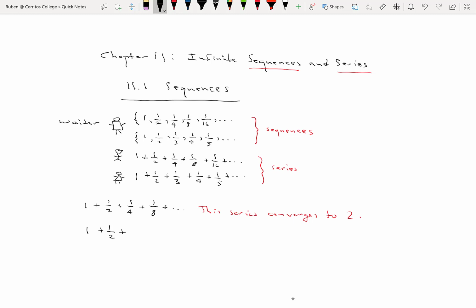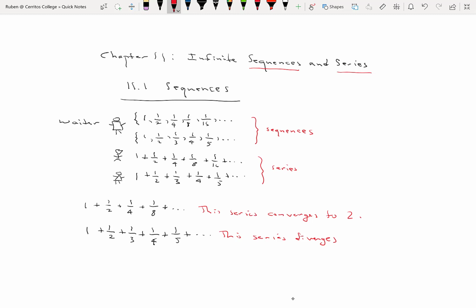This is a series, her series, the amount of pizza in her stomach: 1 plus 1/2 plus 1/3 plus 1/4 plus 1/5, etc. This series diverges. In other words, the amount of pizza in her stomach becomes infinite.